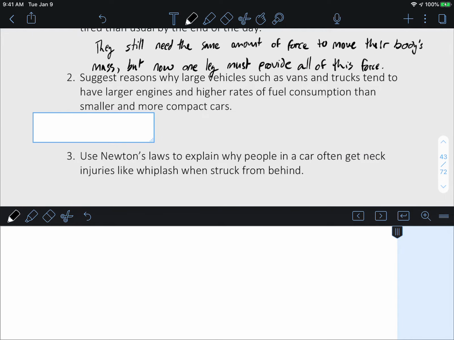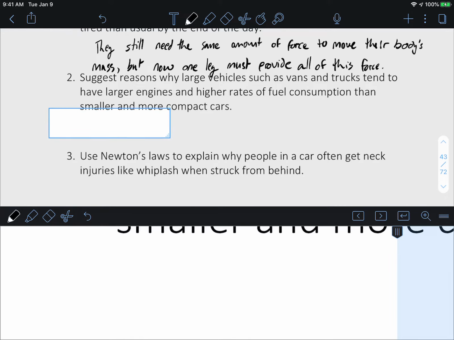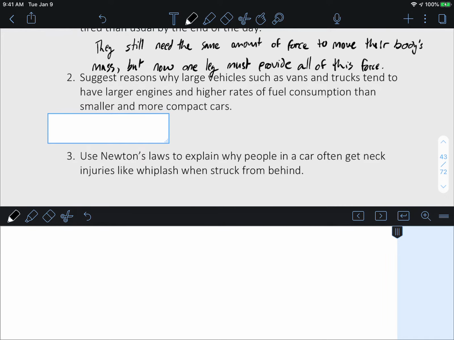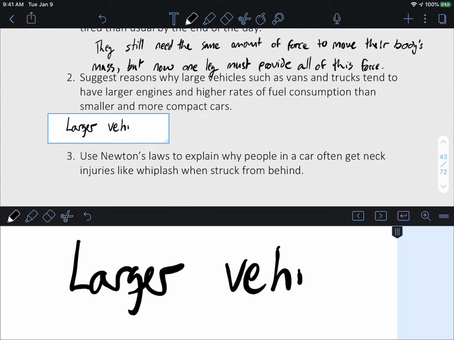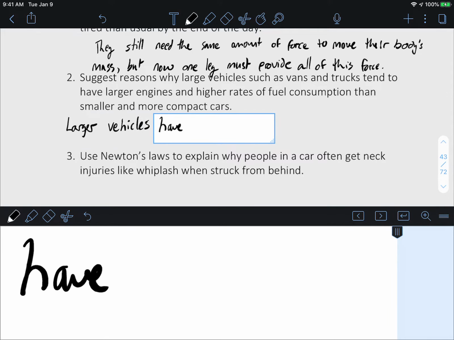Suggest a reason why large vehicles such as vans and trucks tend to have larger engines and higher rates of fuel consumption. Well, larger vehicles have more mass.